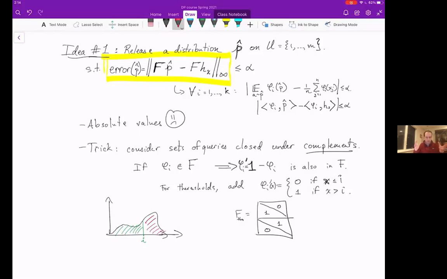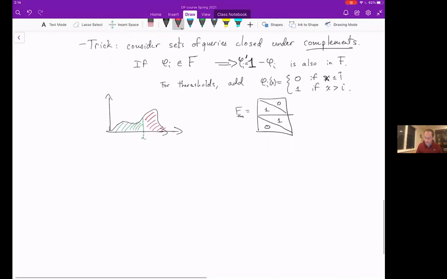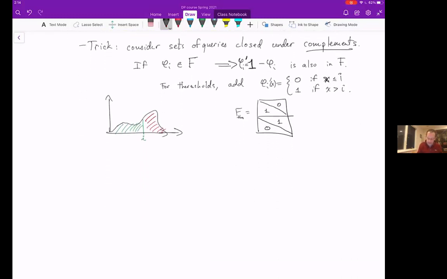Of course, those two can be computed from each other because they add to 1. So this isn't really changing the information content at all, but it does make our lives easier because the absolute value of y is the same as the maximum of y and minus y.